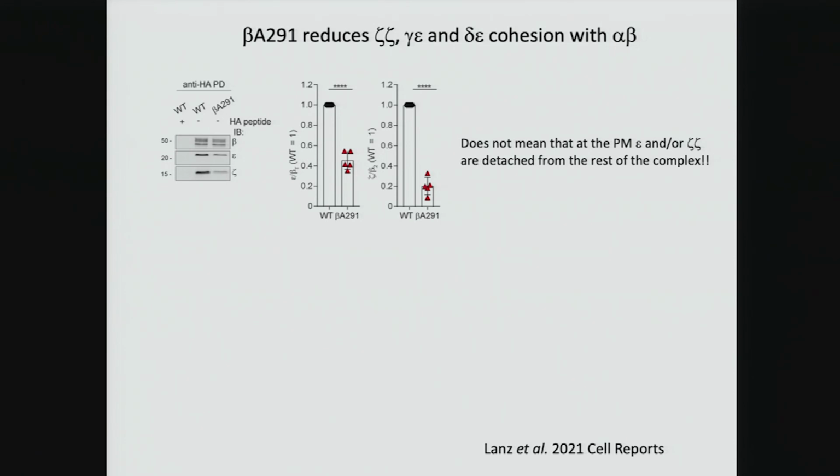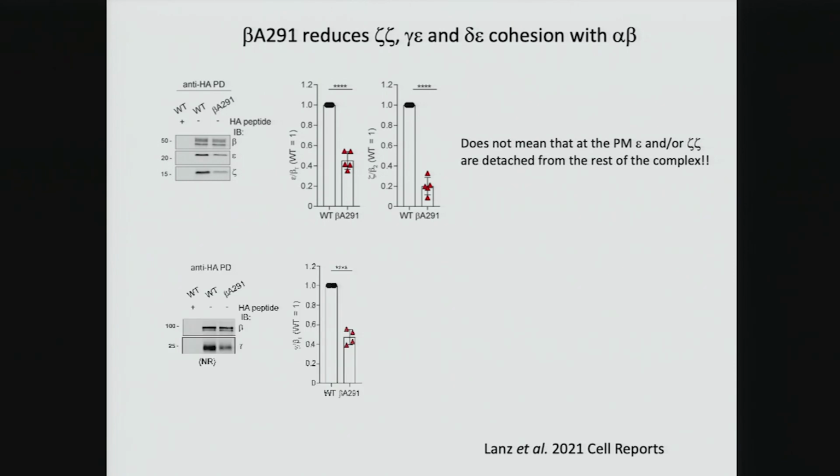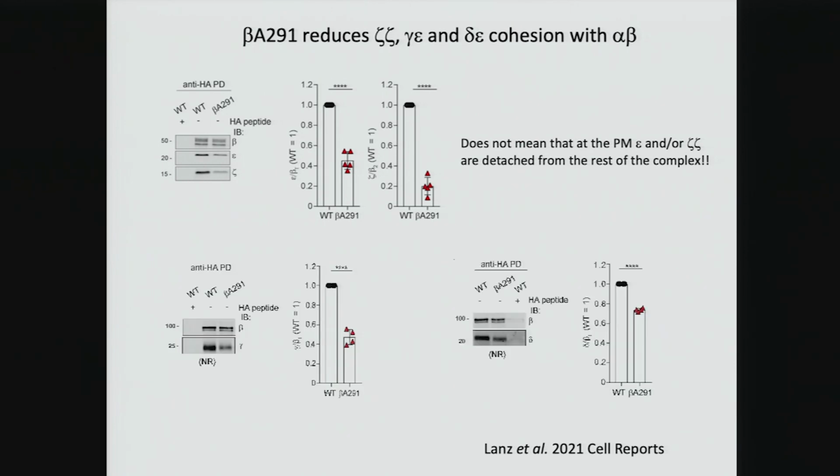The receptor is intact at the surface, with some decrease in the number of molecules present on the surface. Gamma and delta were also slightly decreased. So the receptor has loosened, and the detergent makes this appear.